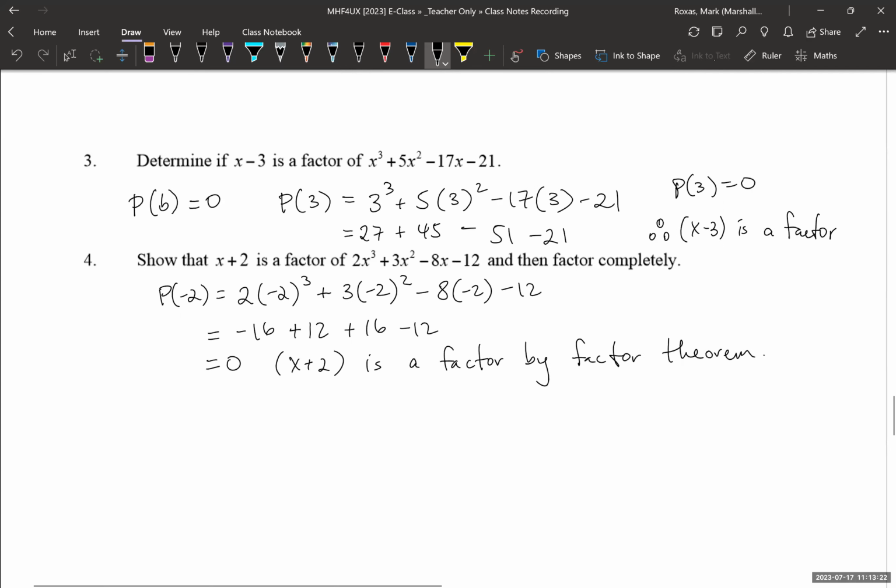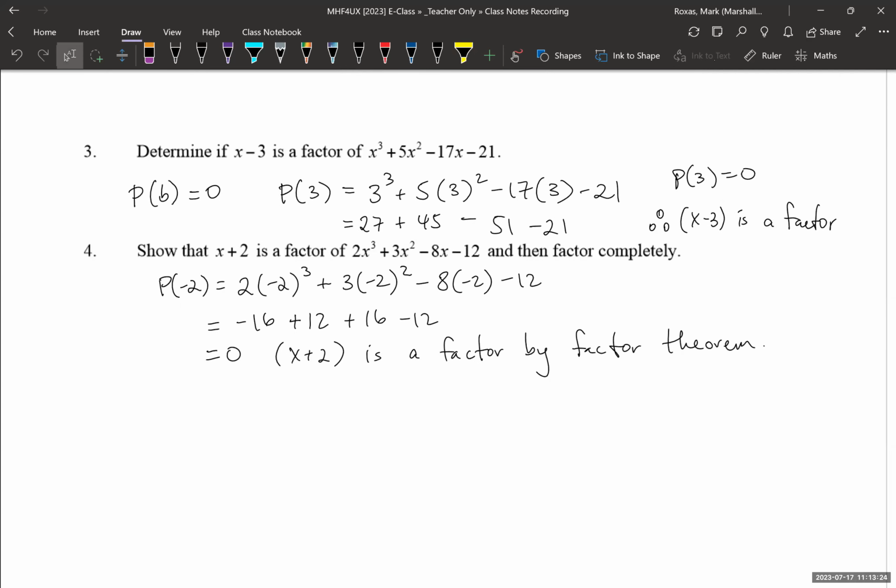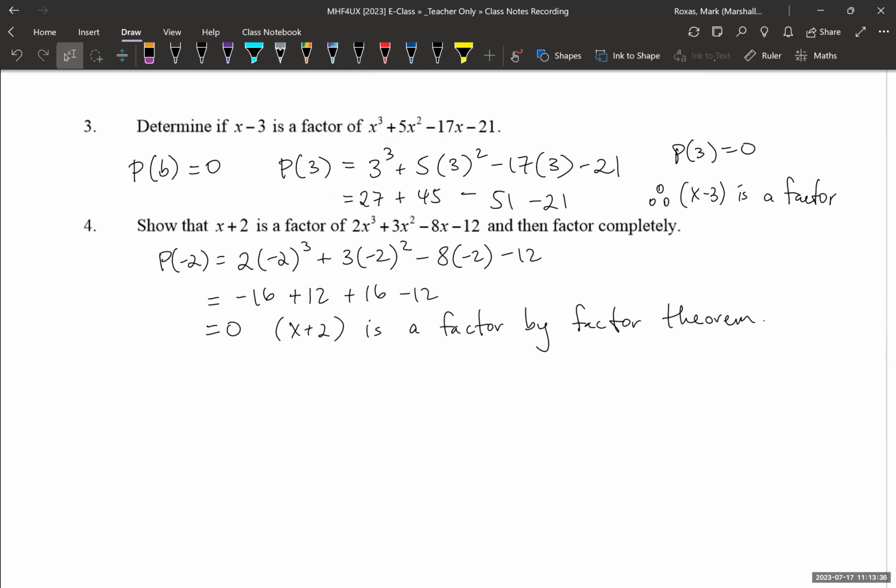Okay, we discovered that x plus 2 is a factor, so -2 is the x-intercept. It's a root for this polynomial because the y value is 0, essentially. Can we find other factors? And so we can endeavor to find other factors by dividing this polynomial, 2x cubed plus 3x squared minus 8x minus 12, by x plus 2.